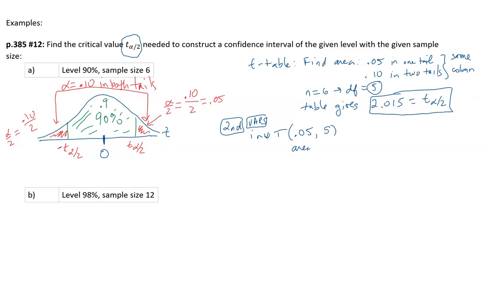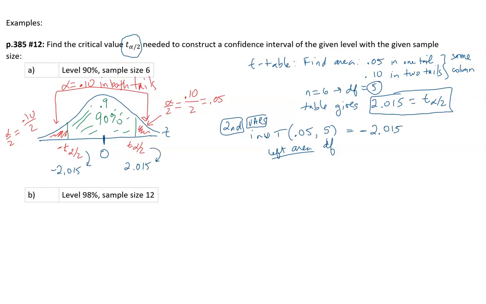So we have an area and a degrees of freedom. And the calculator gives the negative value because the calculator thinks you're putting in the left area in particular. All right, so that's our critical values. This would be the negative 2.015, and this T value on the right would be positive 2.015.